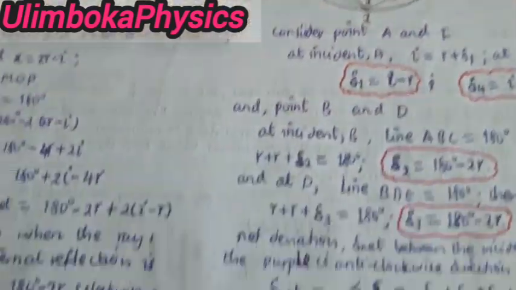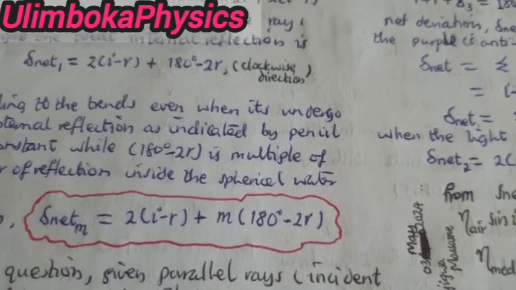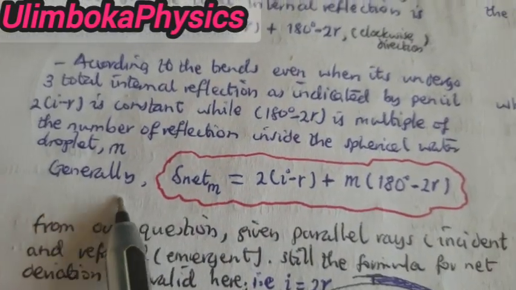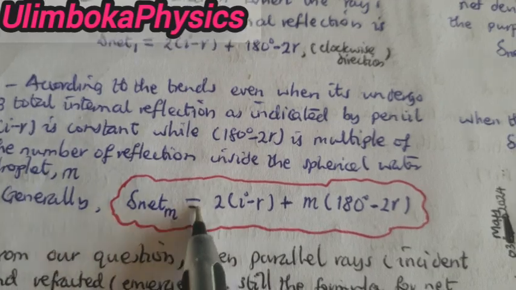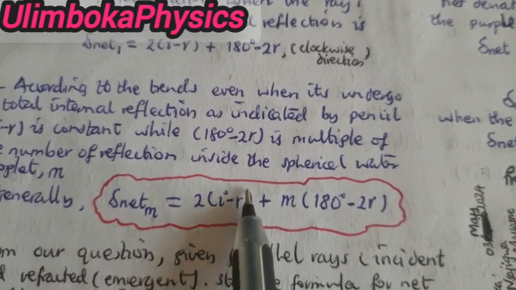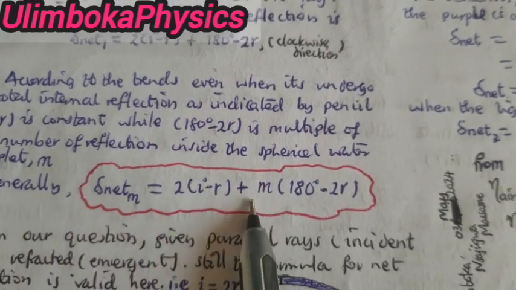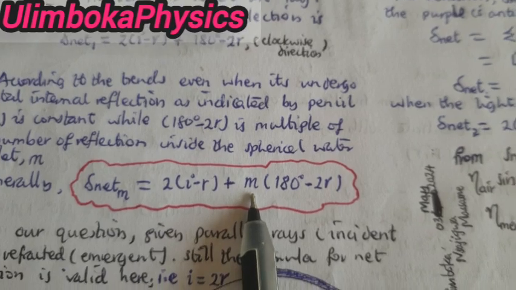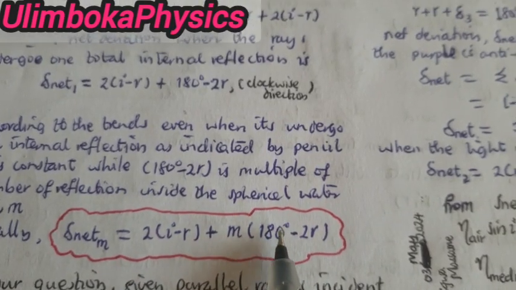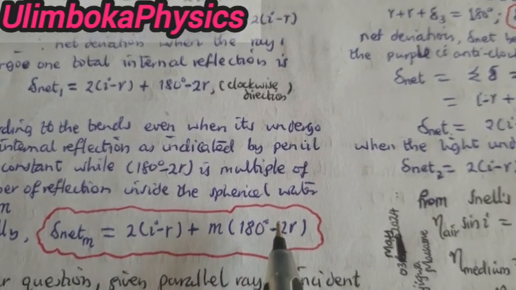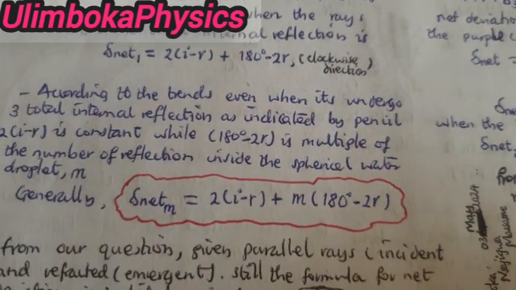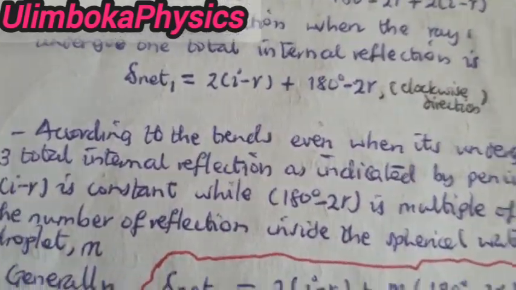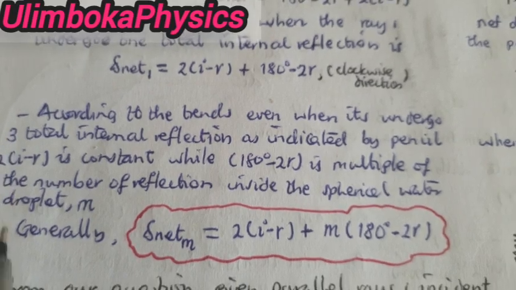Now we arrive at the general formula: the net deviation for M total internal reflections is equal to twice I minus R, which is constant, plus M times the factor, which is 180 degrees minus twice R in bracket. This is the general formula as I have explained here below.